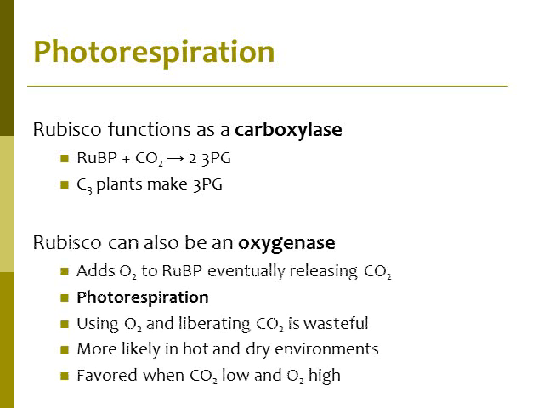However, in some environments, rubisco can also act as an oxygenase. Instead of RuBP being attached to carbon dioxide, we have an oxygen attached to our RuBP, and this eventually leads to carbon dioxide being released. This is called photorespiration. This is a very bad thing.